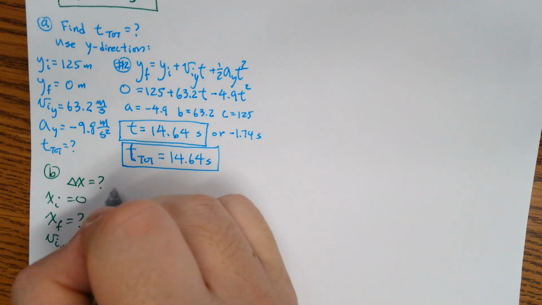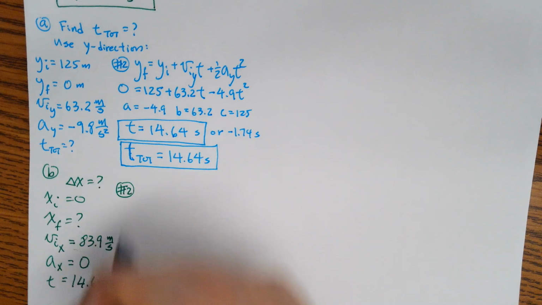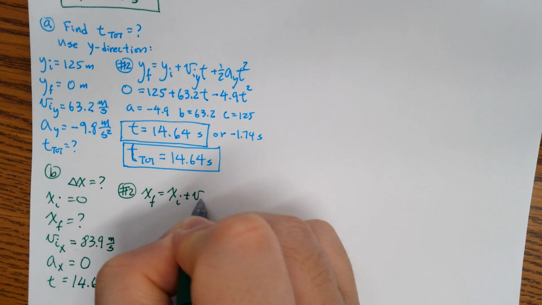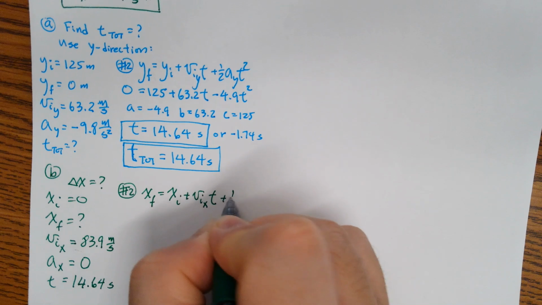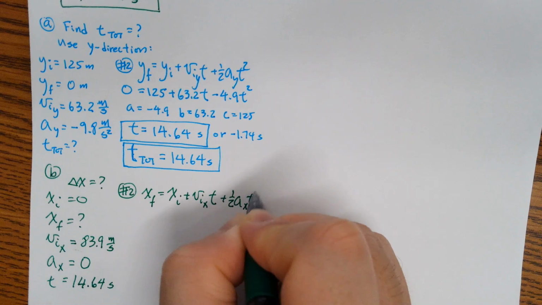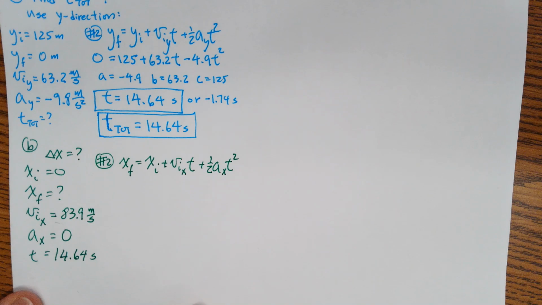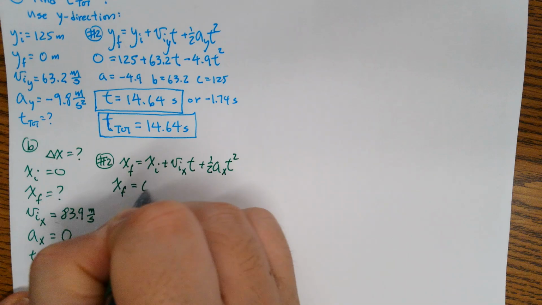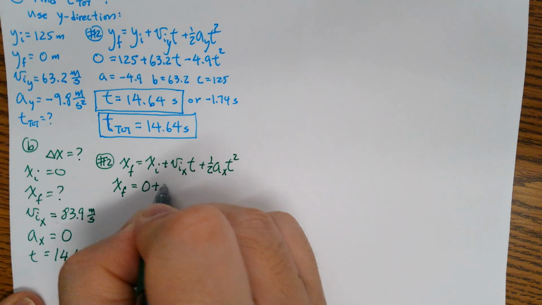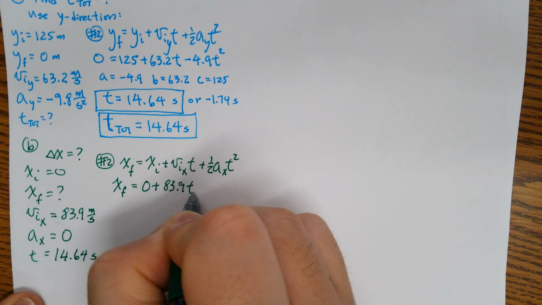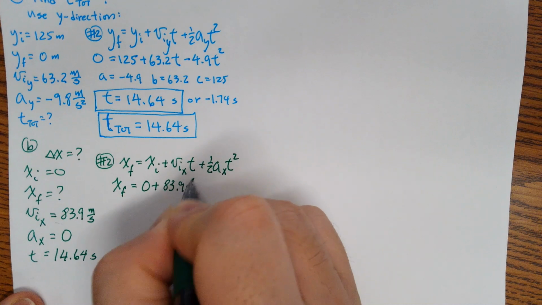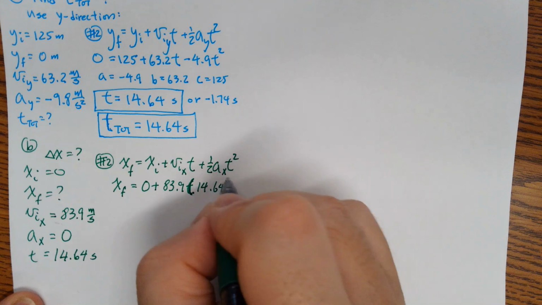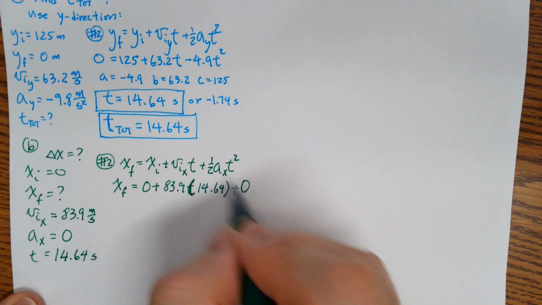So it looks like we can use the second equation again. x final is equal to x initial plus V_ix t plus 1/2 a_x t squared. So here, x final, we're looking for that. x initial, 0. V_ix, 83.9 times time of 14.64 seconds plus 0, because a_x is 0.